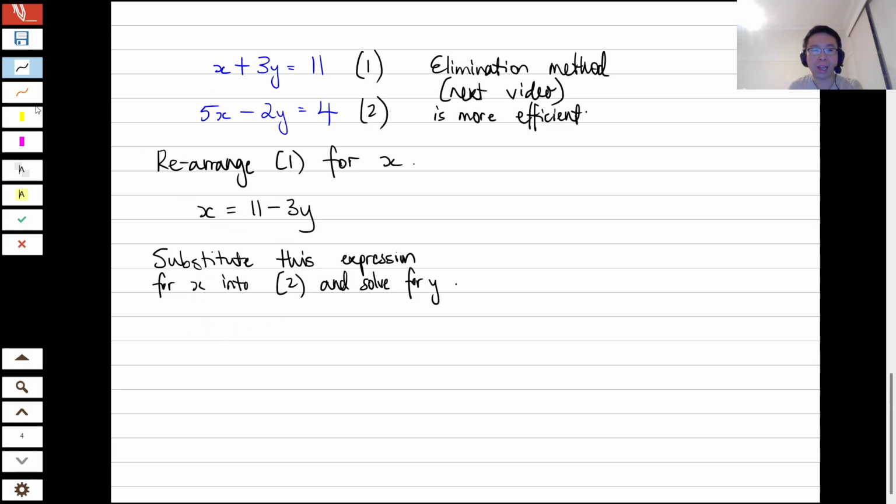So wherever I see x, I'm going to replace it with 11 minus 3y. So I'm going to have 5 times, bracket 11 minus 3y, minus 2y equals 4.